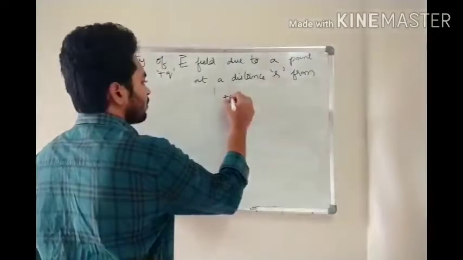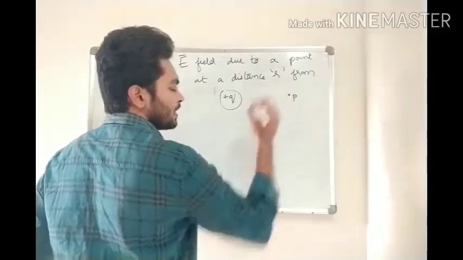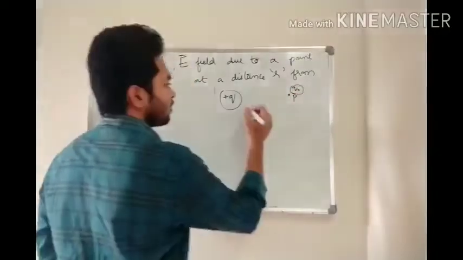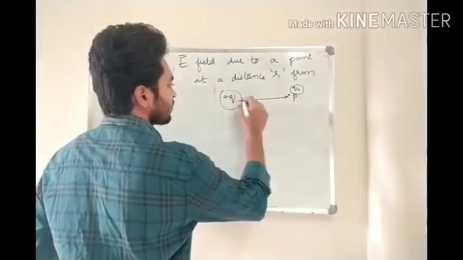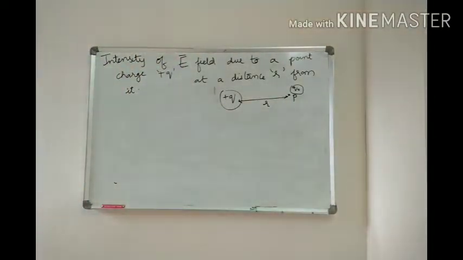This is our positive charge Q, and suppose here at point P, we have a Q0, and the distance is R. Now how to do this?